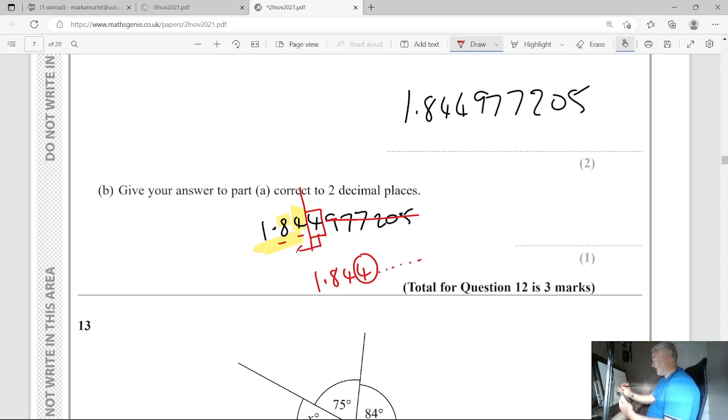We know that rounds down, so we ignore it, and it's going to be 1.84. 1.844 is closer to 1.84 than it is to 1.85. Remember, 5 and above goes up, 4 and below goes down. So 0, 1, 2, 3, 4 round down, 5, 6, 7, 8, 9 round up.